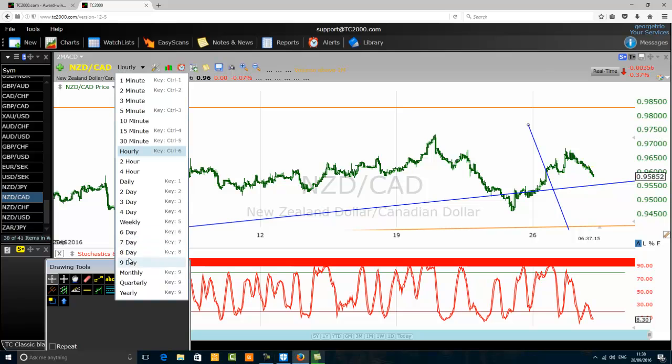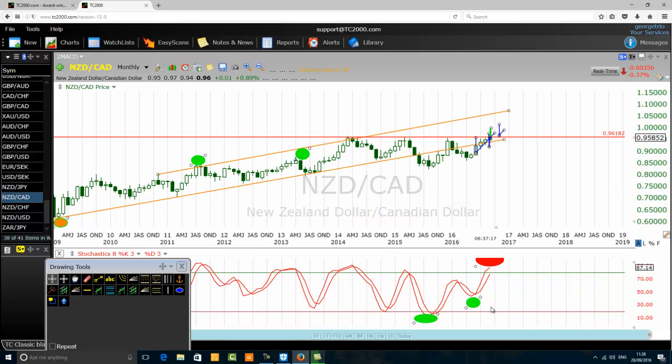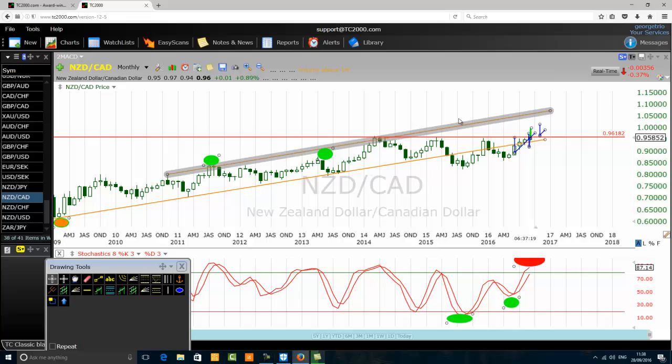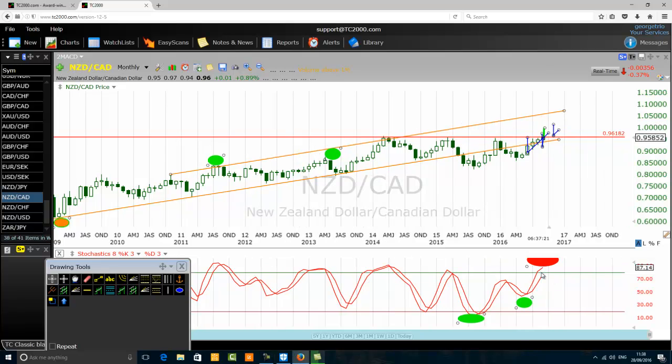So here we are on the monthly chart. Is this a valid bearish stochastic pattern? The price must confirm. If the signal is fired, it is indicating to us that this stochastic pattern is bearish indeed.